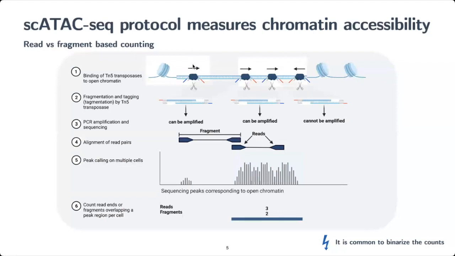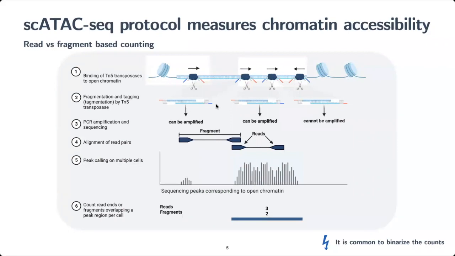It only inserts in accessible regions and cuts the genome there, and then inserts sequencing adapters. And every pair of transposes, as here in the example, creates one fragment of DNA that can be amplified, sequenced, and then aligned back to the genome to actually find the regions that were accessible.